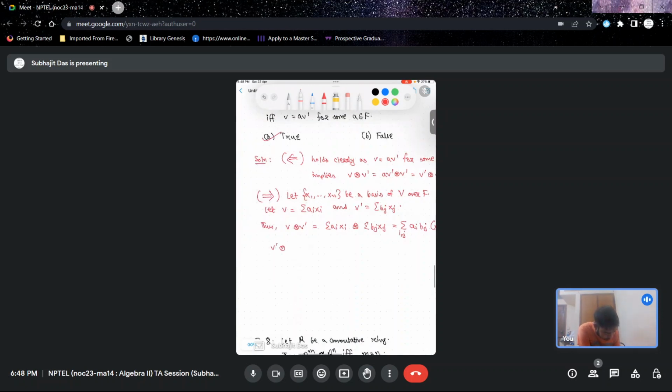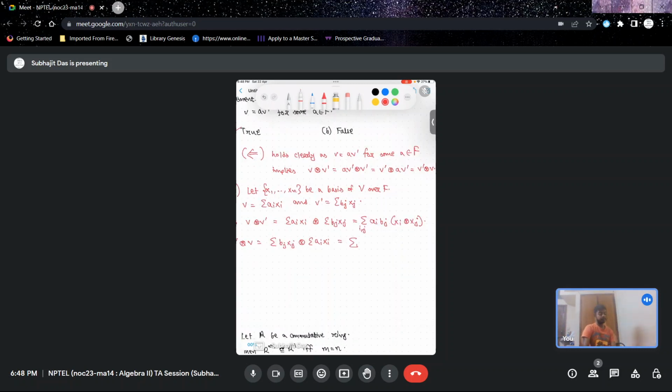While v prime tensored with v is equal to sum b_j x_j tensored with sum a_i x_i, which you can again write as the sum of a_i b_j x_j tensored with x_i.